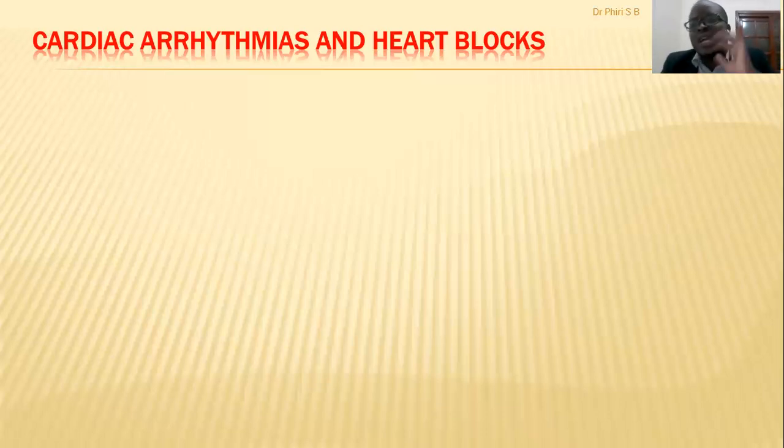Then on top of that, we had 6 chest leads. These are V1, V2, V3, V4, V5, and V6. They were connected on the chest, so they are also called precordial leads. We had V1 that was placed on the 4th intercostal space. How do you locate where you're supposed to put your V1?